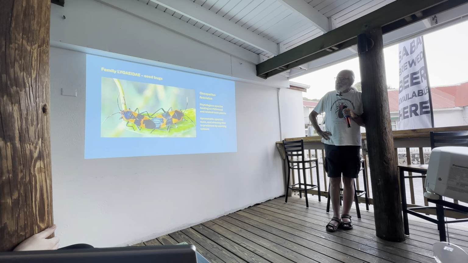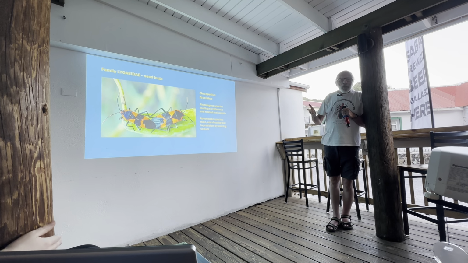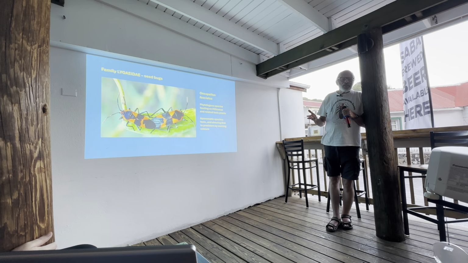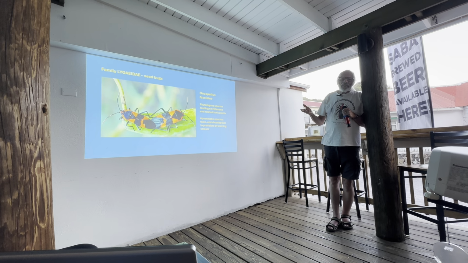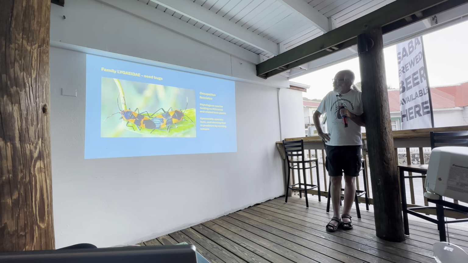That means they are toxic because of the food they digest, and they show that to possible predators by their warning colors. So if you see an insect or a bug with this kind of colors, you know this is an aposematic species and will be avoided by birds and other predators.